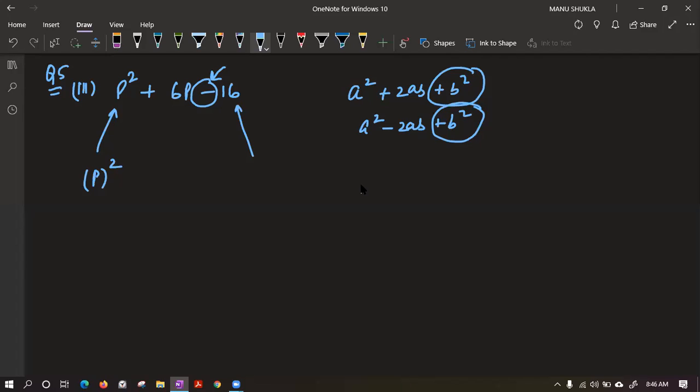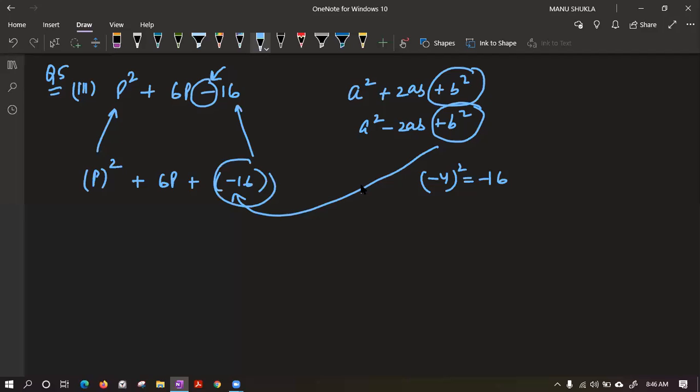Suppose you want to write like this, you will say, sir, what if I write like this? It is okay. But can you ever have a negative number as the square of any number? If you have minus 4 square, can it be negative 16? Please tell me.